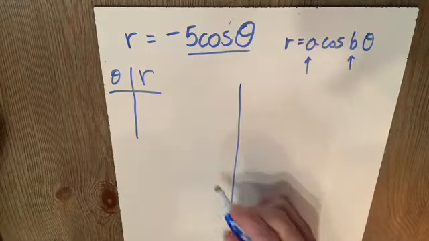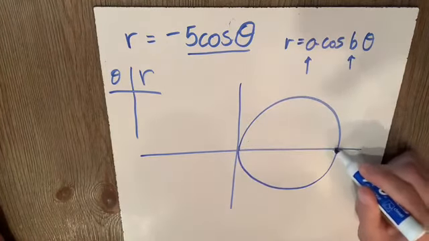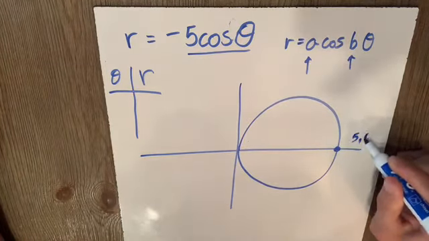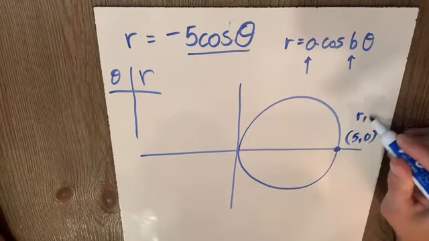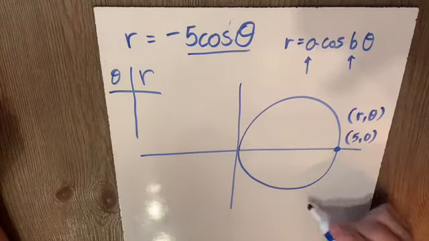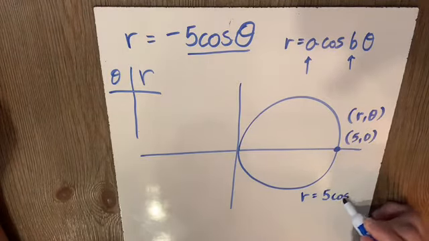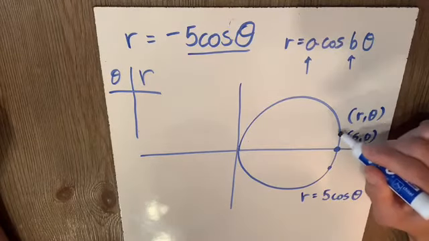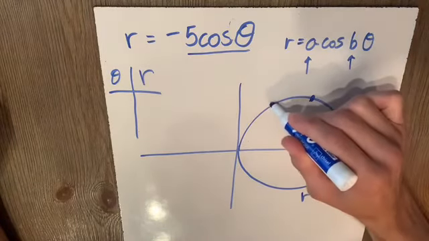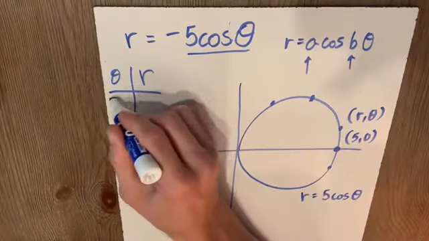Now, if this one here went out to r, theta was 5, 0. That's not x, y, that's r comma theta, directed distance, directed angle. That was r equals 5 cosine of theta. And instead of picking all these points again, I'm just going to say, if we do that, say we pick pi, for example.